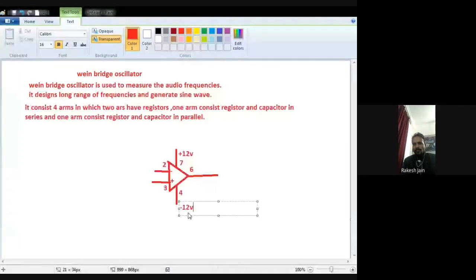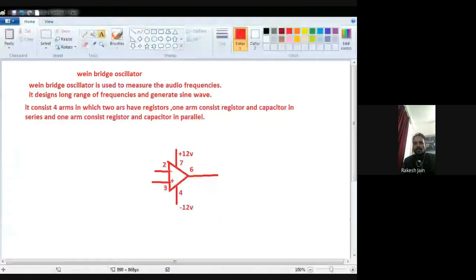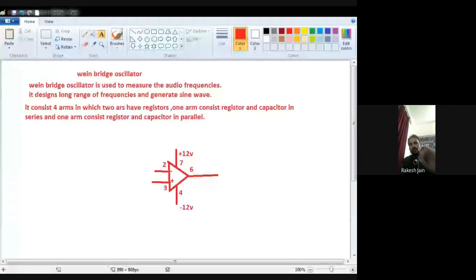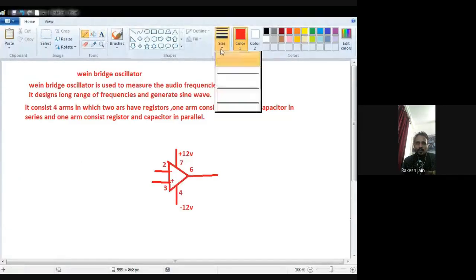From pin number 6 we will take the output. Because it is an operational amplifier circuit, but we are going to design a Wien bridge oscillator, it means we require 4 arms, in which 1 arm consists of a resistor and a capacitor in series.